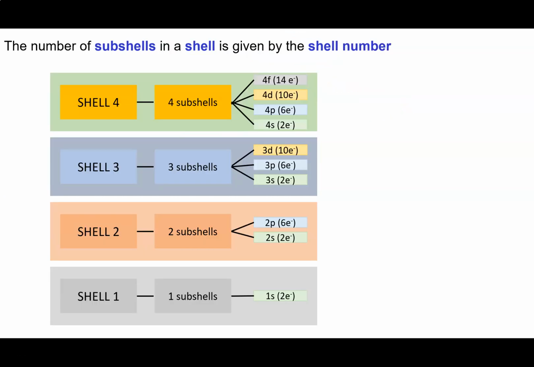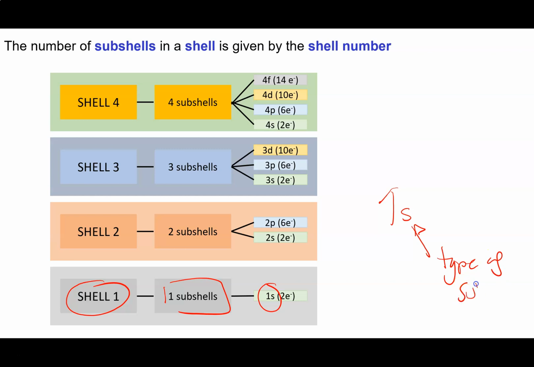Okay, so remember that the first shell can only hold 2 electrons. It only has 1 subshell, and that is an S subshell. Now, the subshell notation goes like this. The letter tells you the type of subshell, and then this one is your shell number, right?